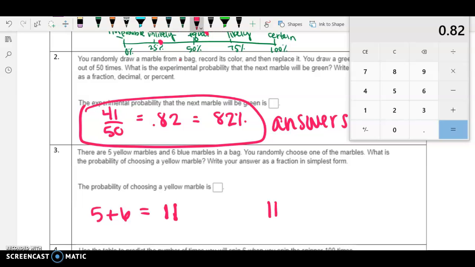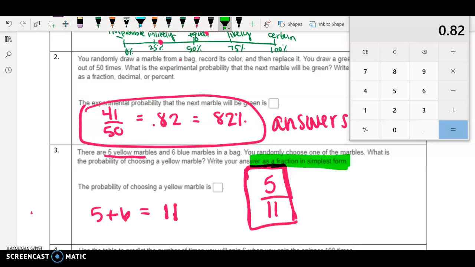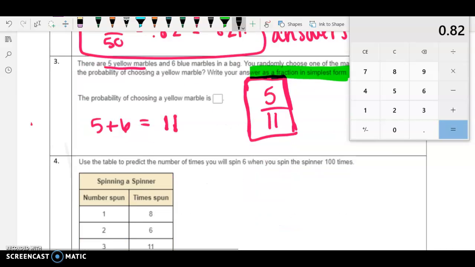So I know it's going to be out of 11 marbles. Yellow is 5 times out of 11. So this is my theoretical probability, because theoretically there's 5 yellow, and if I was to draw 11 times, I would get 5 out of 11. This does say write it as a fraction in smallest form, so make sure that you pay attention to that on your test. I don't want you guys to miss points.